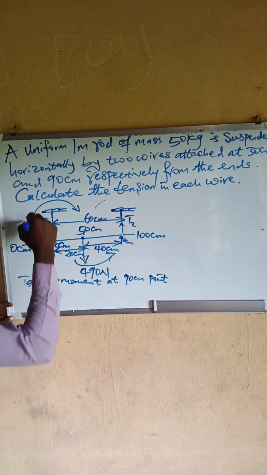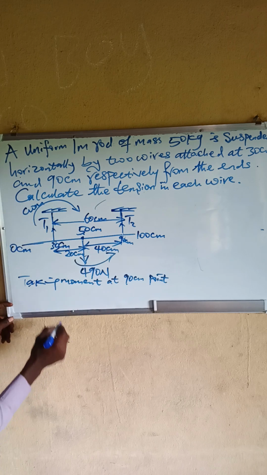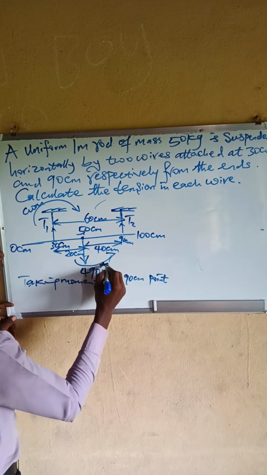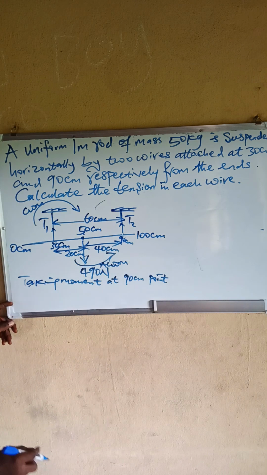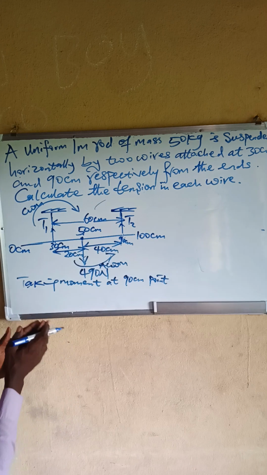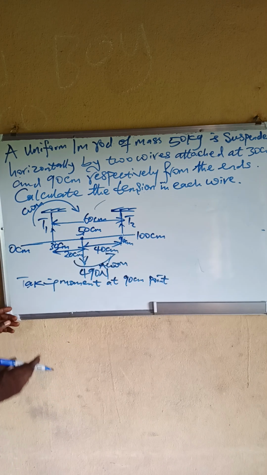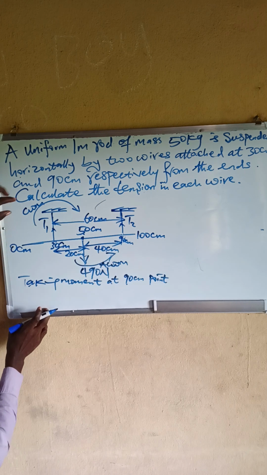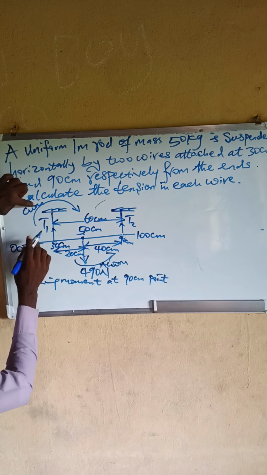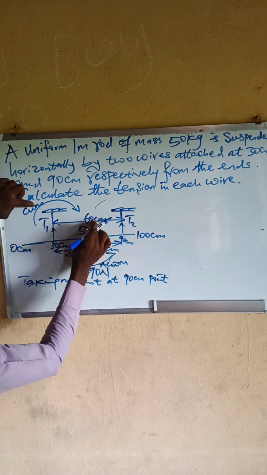Now, if you look, this is a clockwise moment and this is an anti-clockwise moment. The sum of clockwise moments must be equal to the sum of anti-clockwise moments. This is a clockwise moment: T1 times the distance from here to here, which is 60.